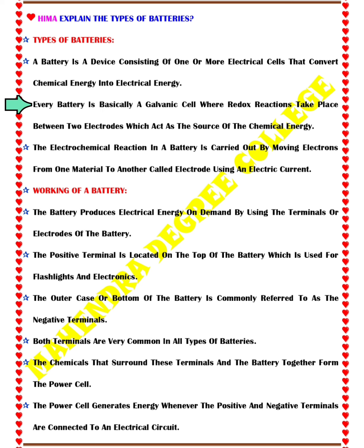A galvanic cell is a type of electrochemical cell that produces electricity from a chemical reaction. So, this means every battery works like a galvanic cell. It generates electricity by using chemical energy.